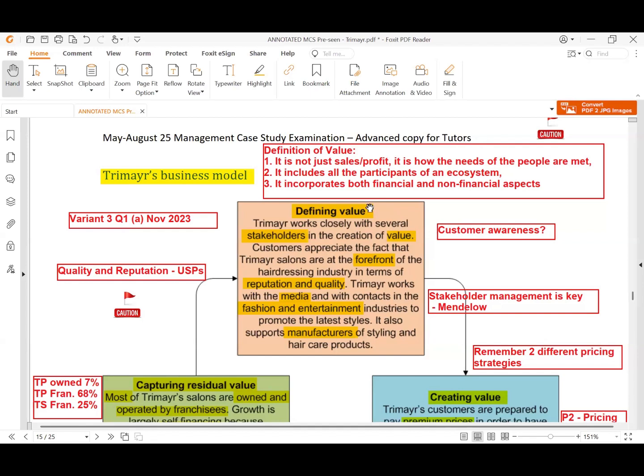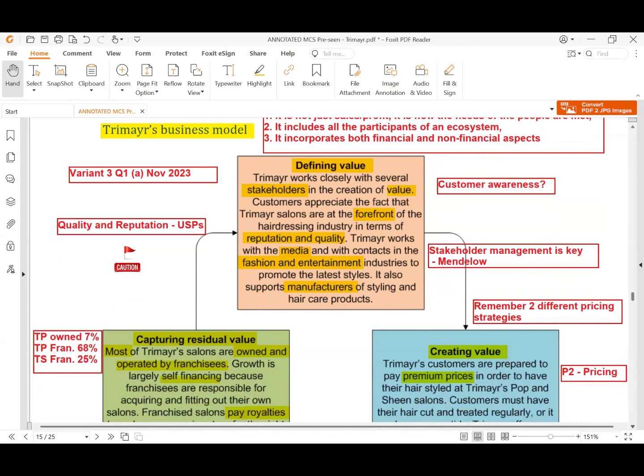Now, let's deal with this. I have seen several questions over the years on this area since it was introduced, so understanding the highlighted points, in other words memorizing them, is important. How do they define value?